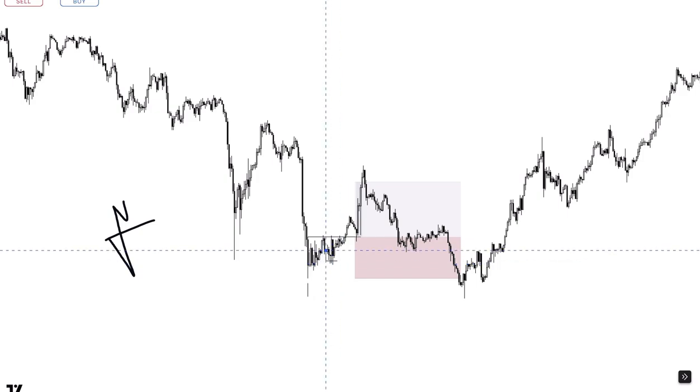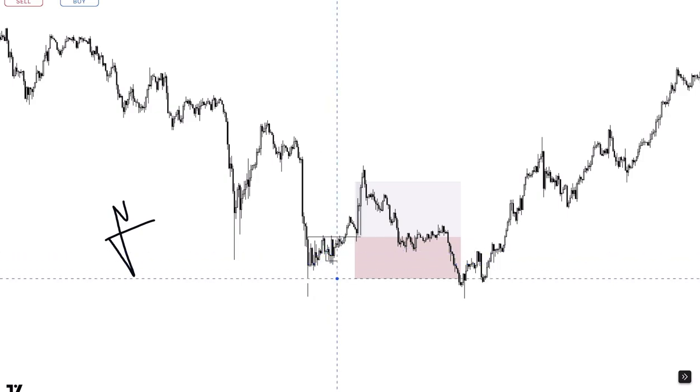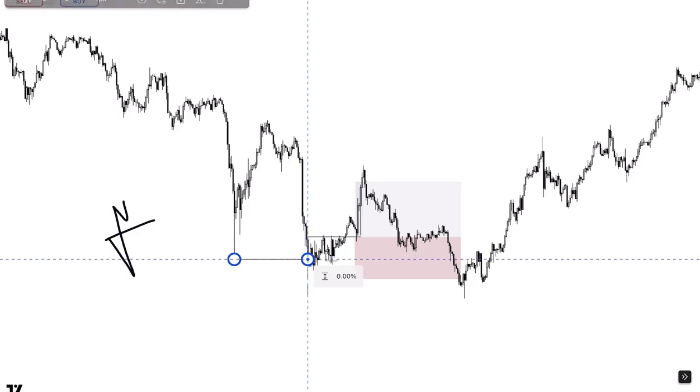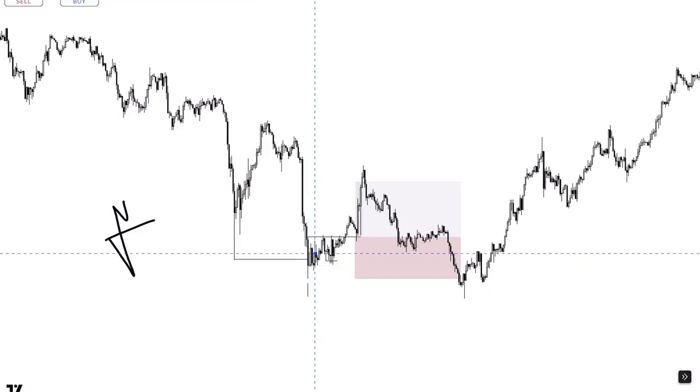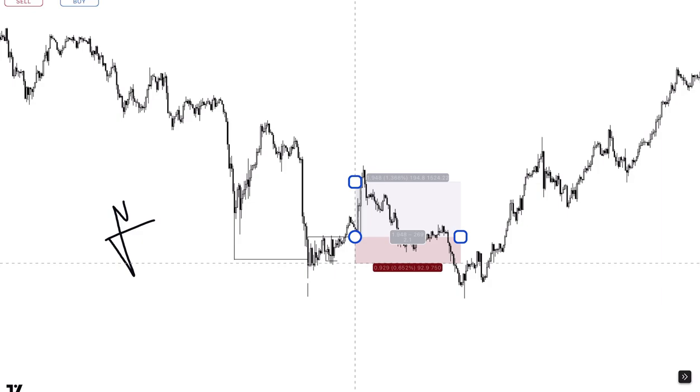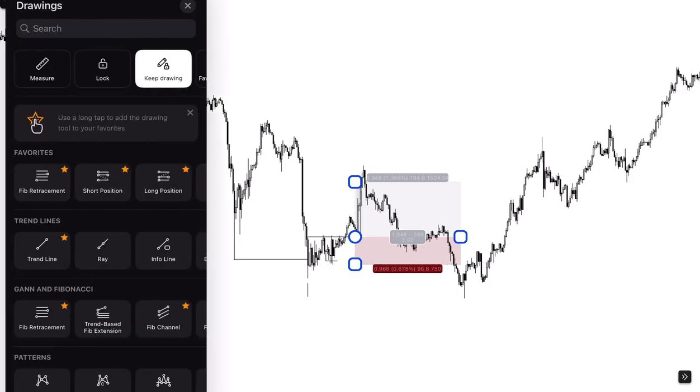Because if you enter after the turtle soup, then normally, if done correctly, you won't be turtle souped, unless there is a turtle soup, which is rare and somewhat predictable. So turtle soup lows are good stop losses.